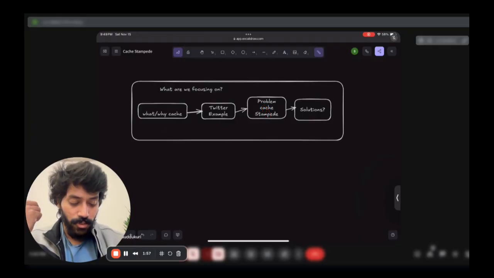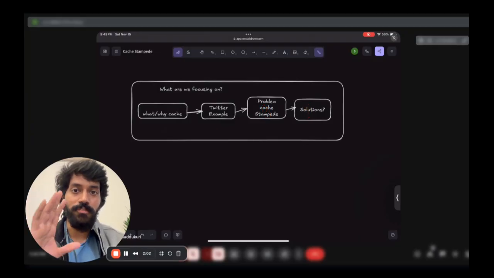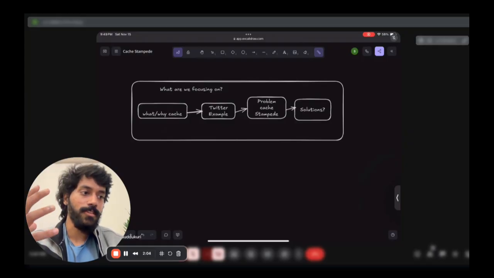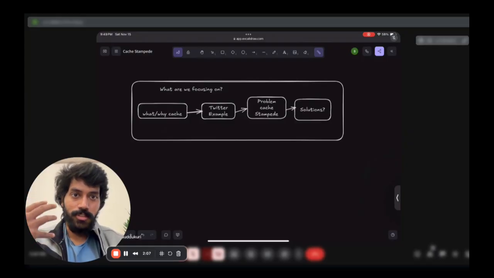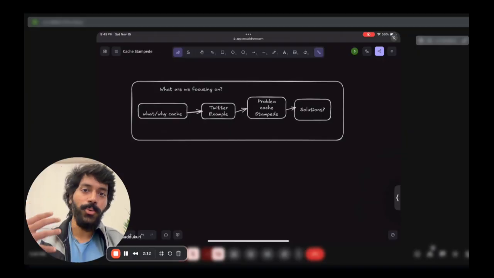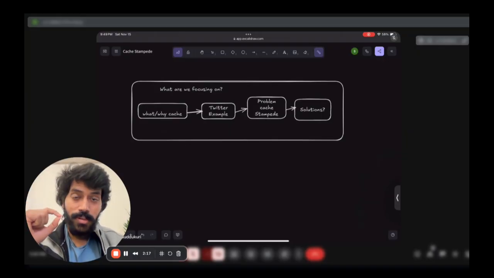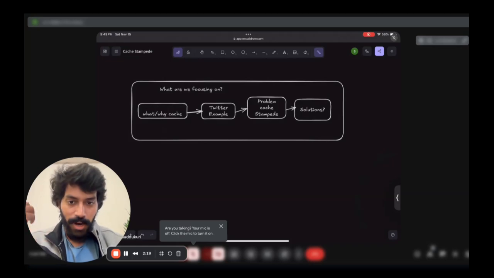Then we'll look at the solutions we have, and most importantly, how we should implement those solutions, because you can come up with some solutions, but the interviewers, based on your level, will dig deeper into how you implement that specific solution. That is the area I'm super interested in, and you can always skip to this part.